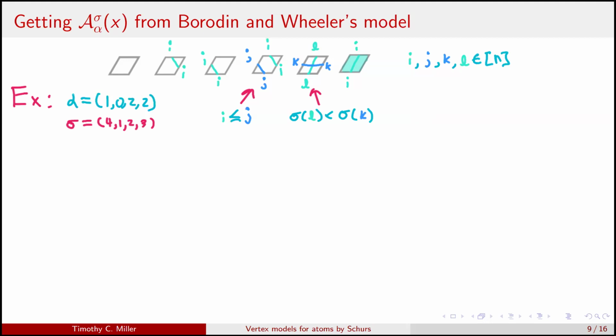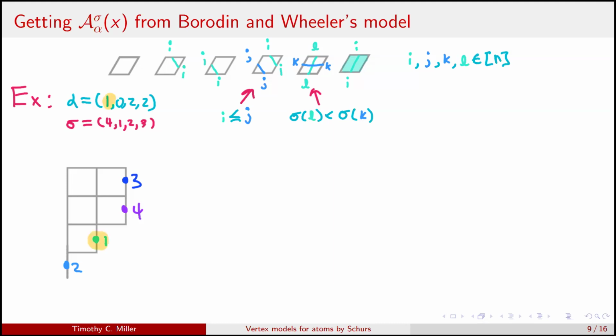And so here's our example. We encode weak compositions in a similar way to the way that we encoded partitions before. What you do is you take the parts in the weak composition, and then you sort them. So in this case, you would get this partition 2, 2, 1, 0. And then you label the verticals with numbers that indicate the index of the part of that size.